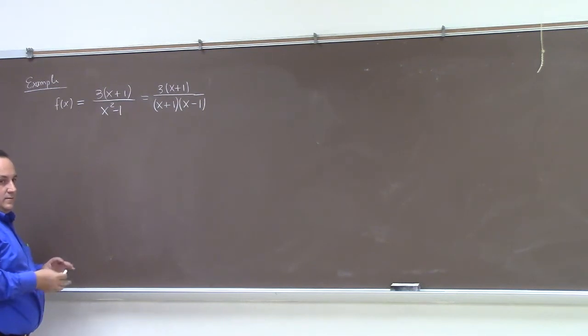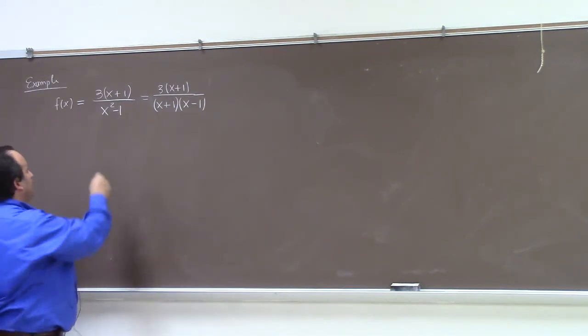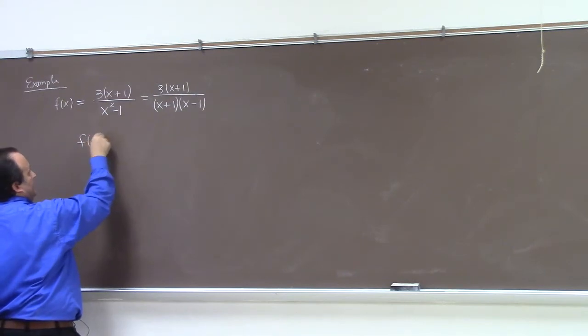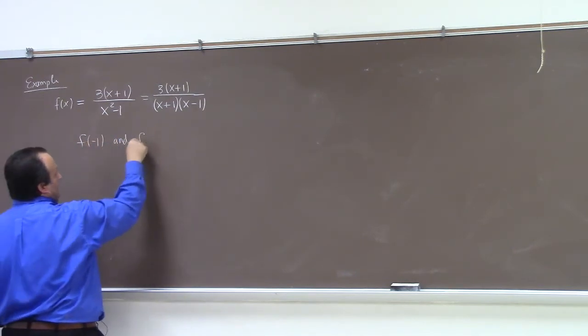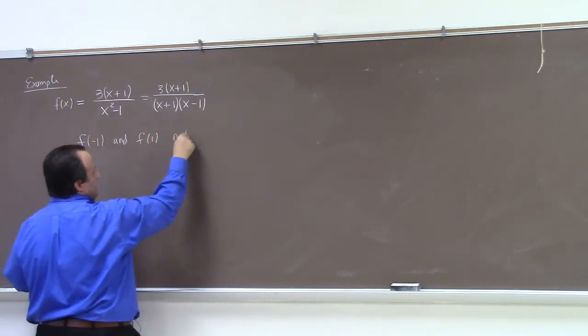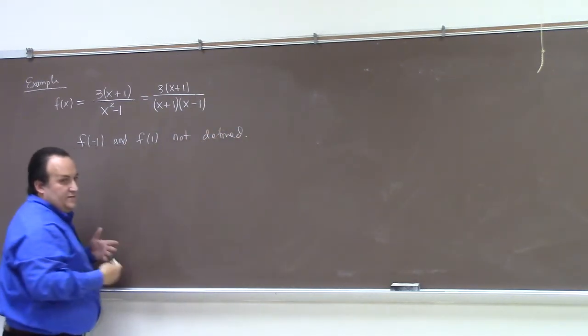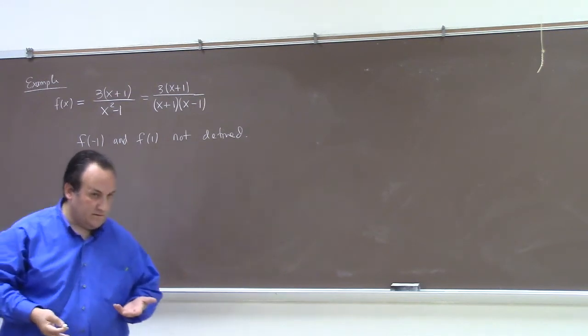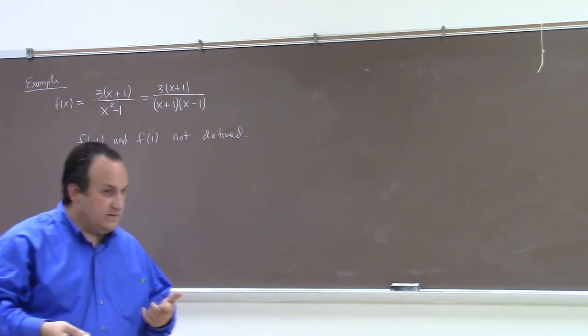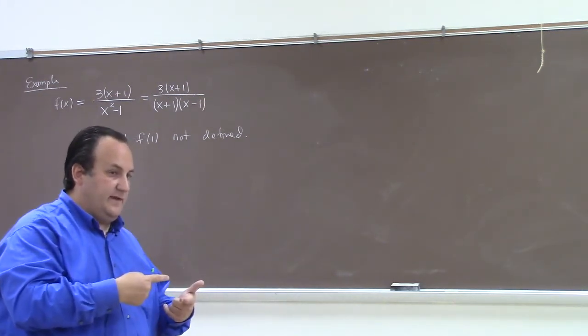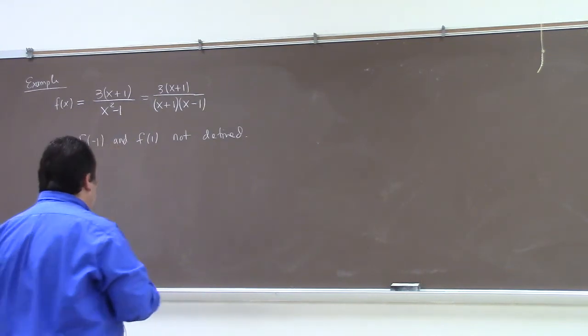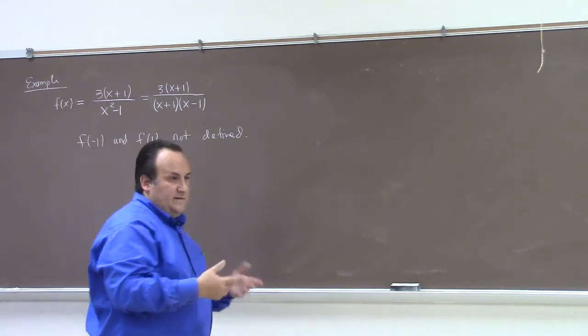So what's going on here is f of minus 1 and f of 1 are not defined, because they both involve division by 0. However, they're not the same kind of thing, because we could simplify the formula.